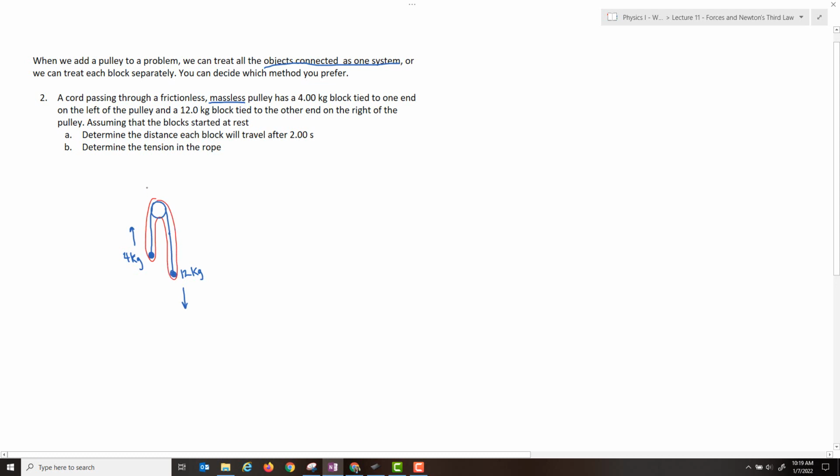Okay, and so there are forces that are pulling the whole system, causing it to rotate in this direction, clockwise, and there are other forces causing it to rotate in this direction, counterclockwise. Okay, so let's think about what the forces are that are acting. So we have the force acting on the 12 kilogram object. So that would be the force of gravity.